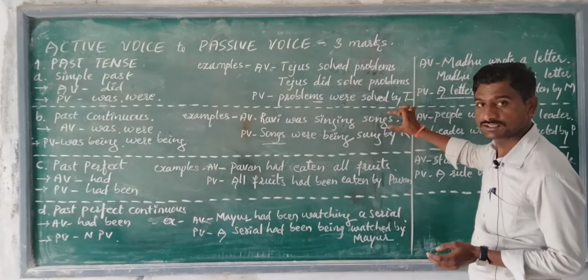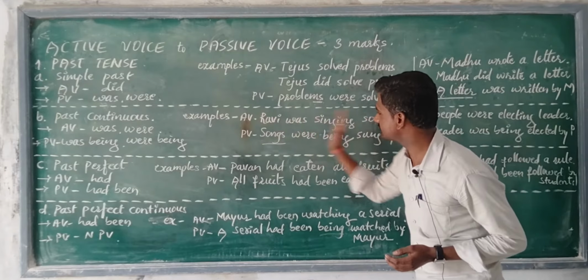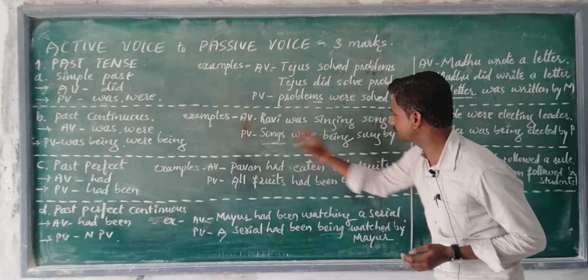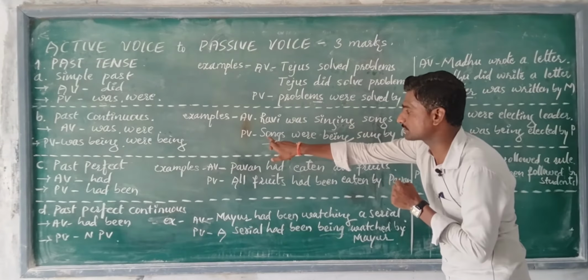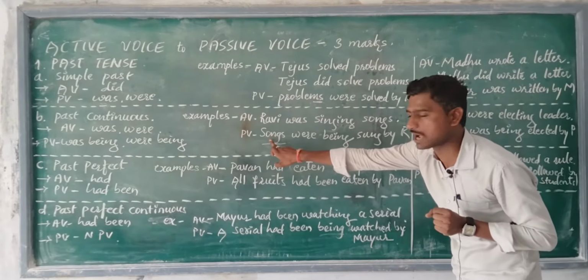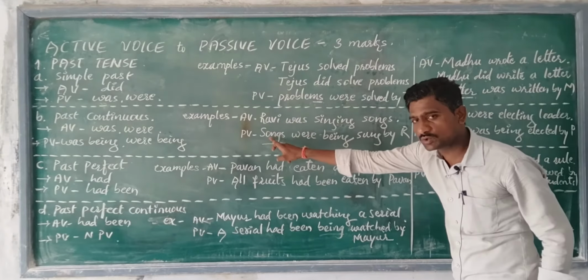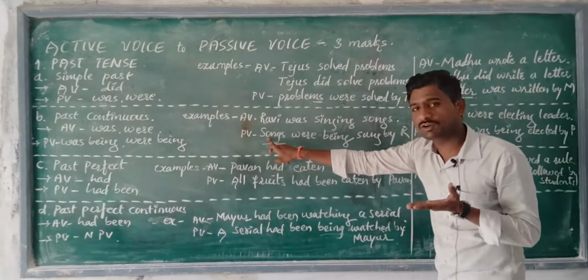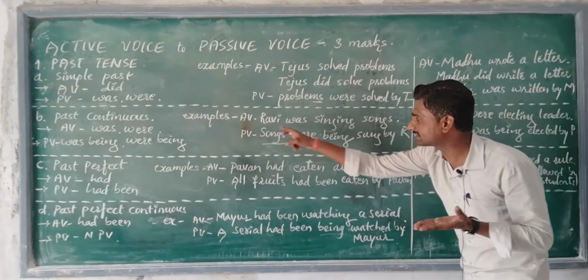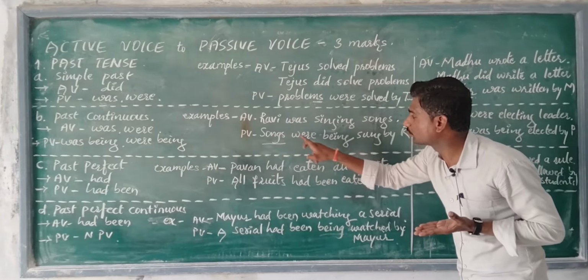Songs, the object of active voice, goes as the subject in passive voice. Songs, yes, it is shifted here. When we use the plural form of a noun, as I already discussed, when the quantity of the subject is plural, it takes the help of a plural helping verb. Yes, songs were.